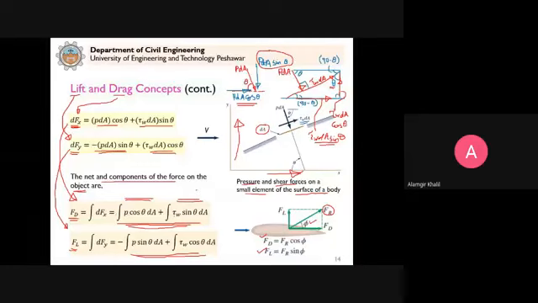So in order to calculate the drag and lift forces on bodies, we have to evaluate these integrals. And to evaluate these integrals, you can see here that for each differential area, you have to calculate what is the force acting and what is the shear stress developed and their orientation.